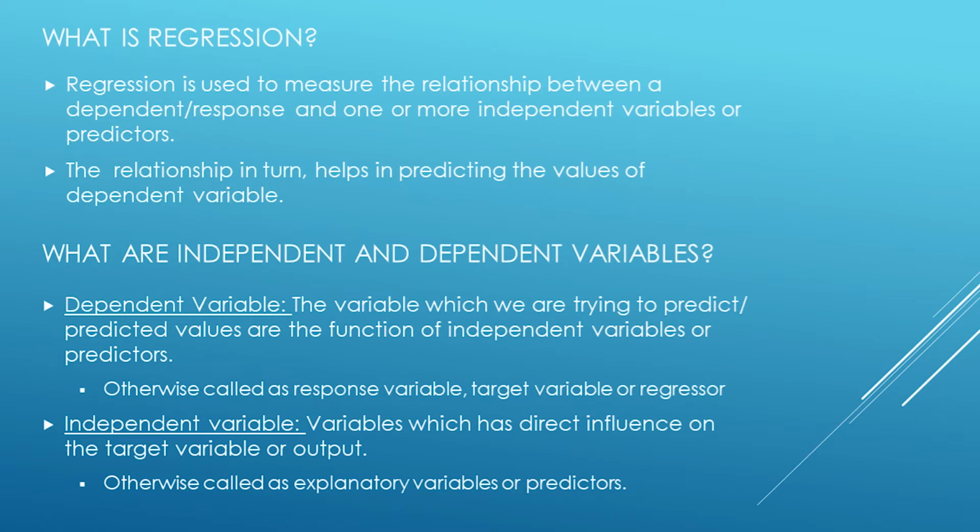The variable which we are trying to predict is called the response or dependent variable. This is also otherwise called the target variable. And an independent variable or predictor variable is a variable which has a direct influence on the target variable or output. This independent variable is also called explanatory variables or predictors.